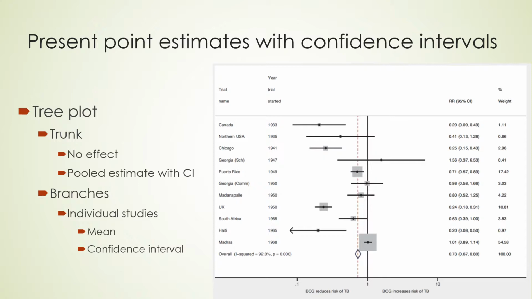Maybe there's just not as much disease in that situation, and therefore you wouldn't expect as much of an effect. But basically, by putting all of this together, it allows the reader to look at it and make some interpretations on their own rather than just lumping it all together and putting it as one mean and standard deviation in a table, for instance.